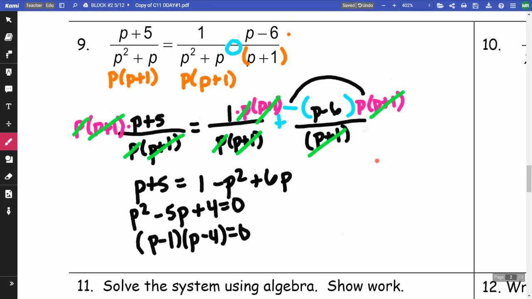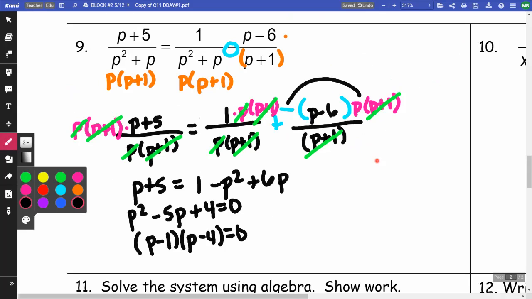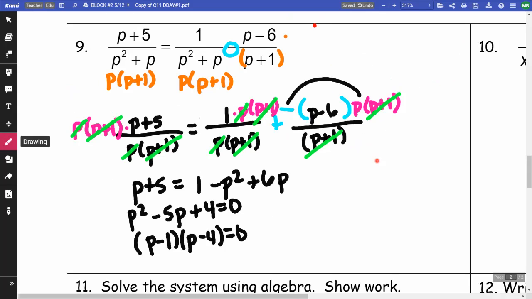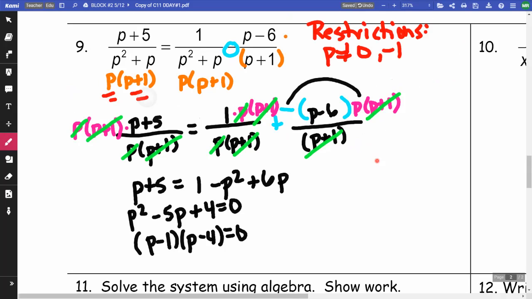And I forgot to give restrictions up here before I finish with my answer. We want to make sure we don't get any restrictions. So my restrictions are going to be p cannot be 0 and p cannot be negative 1. 0 because of this, negative 1 because of this.